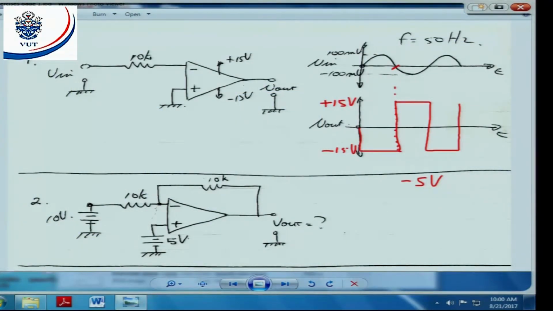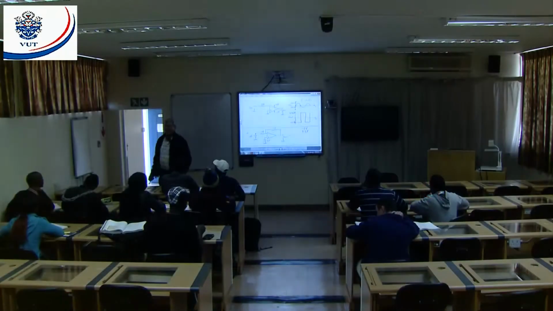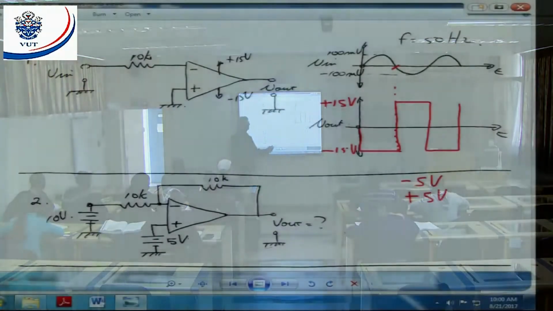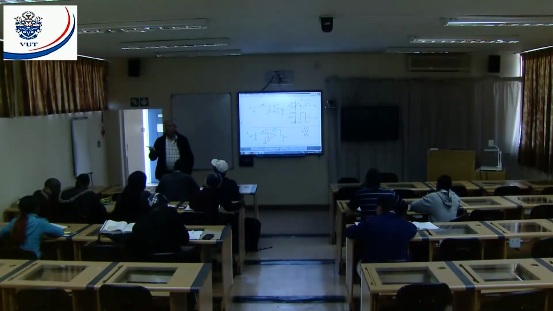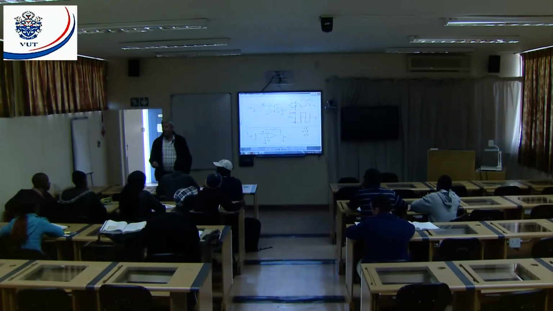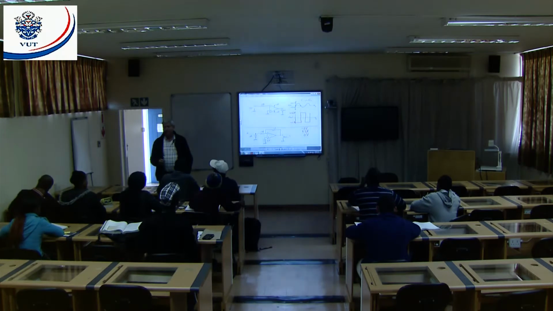I got another answer of plus 5 volts. Zero. All right, I got an answer of 0 volts. I thought it was plus 5. All right, we got a positive 5.